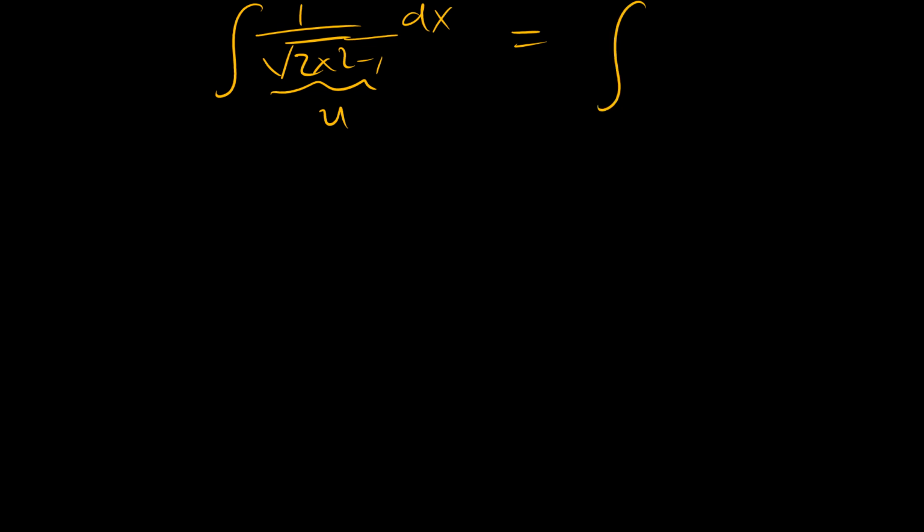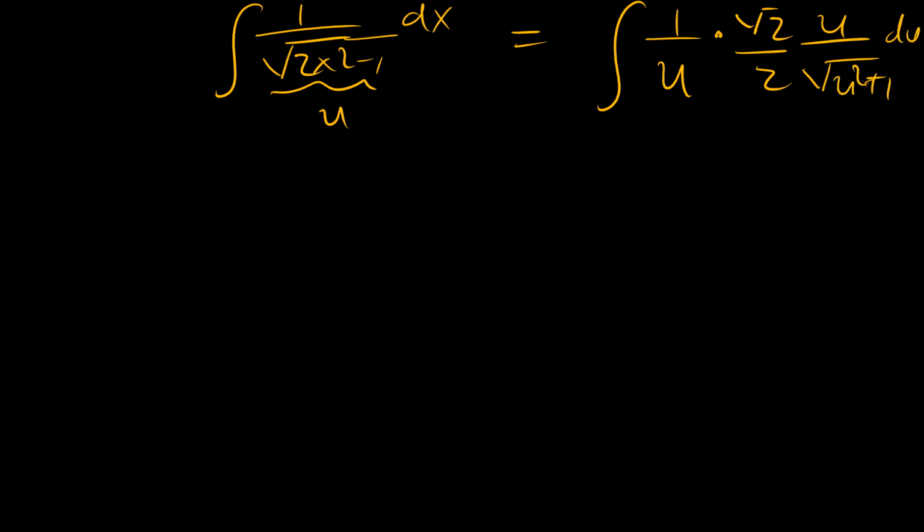And so what we now have is the integral of 1 over 2x minus 1, this being u, is the same as 1 over u, and here we have root 2 over 2 times u over the square root of u squared plus 1, right?